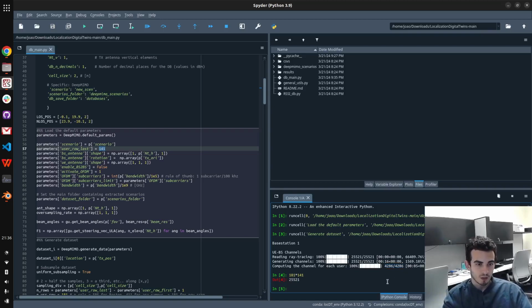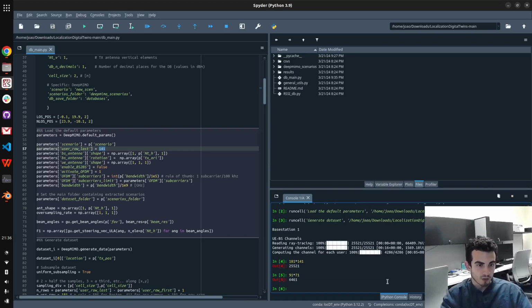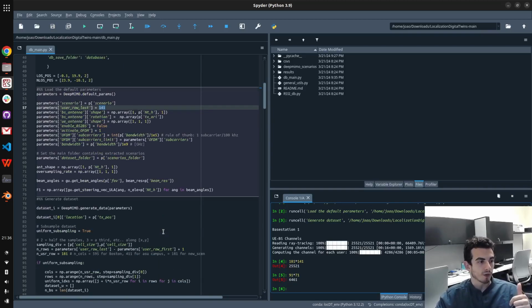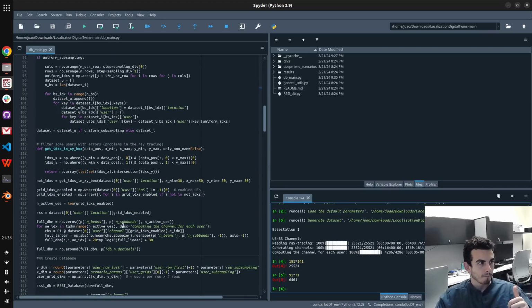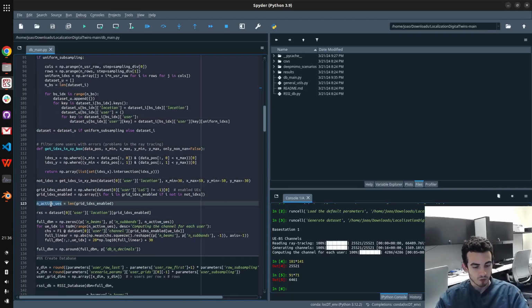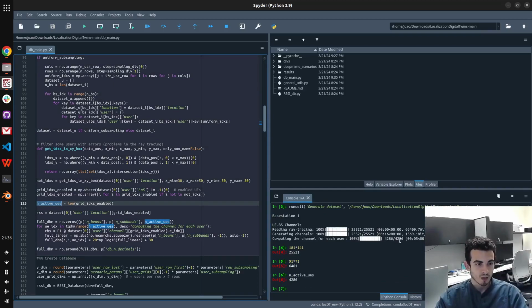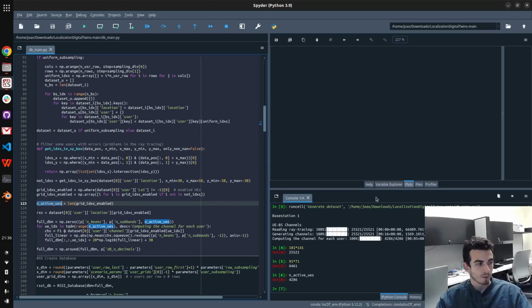So that's how we got, if we do here 91 times 71, 6,000, and then we filter down further based on the users that are inside the buildings. If we check here the number of active users, it's this number, because there are users that are inside the buildings, and those we don't see.